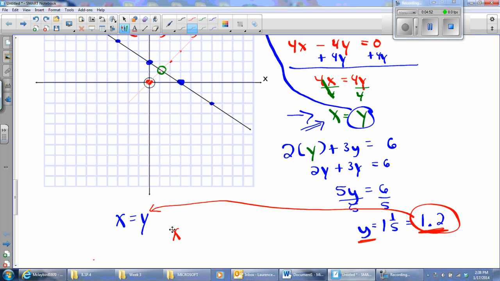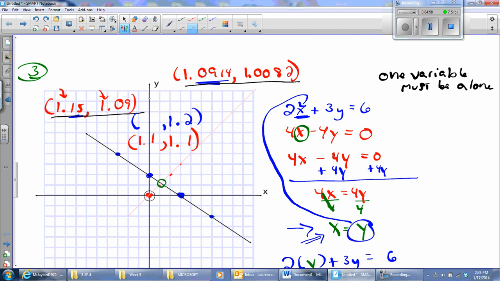So x is going to equal 1 and 2/10. Coincidence that they're the same. They won't always be the same, but in this problem they are. So you see, these answers would have been totally way off base. But I had no way of knowing that.